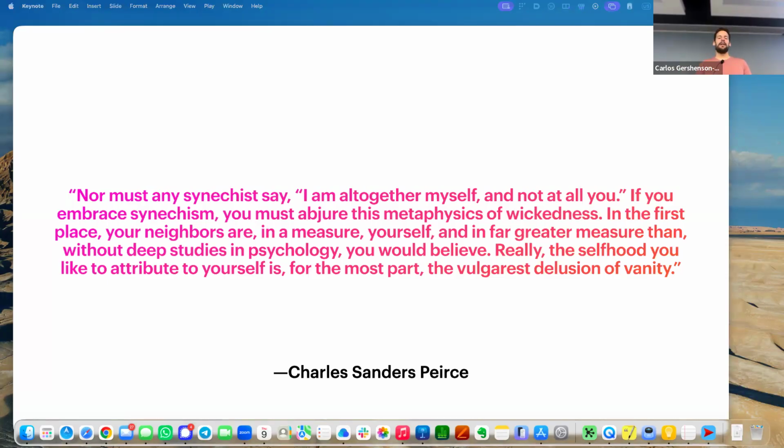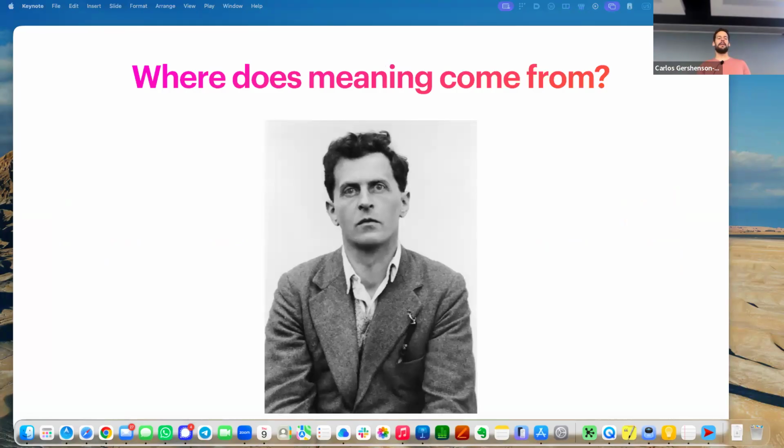So many people try to study where meaning comes from, and here's Ludwig Wittgenstein. He studied with Russell in Cambridge. Well, first of all, he was the heir of a very rich aristocratic Austrian family in Vienna.